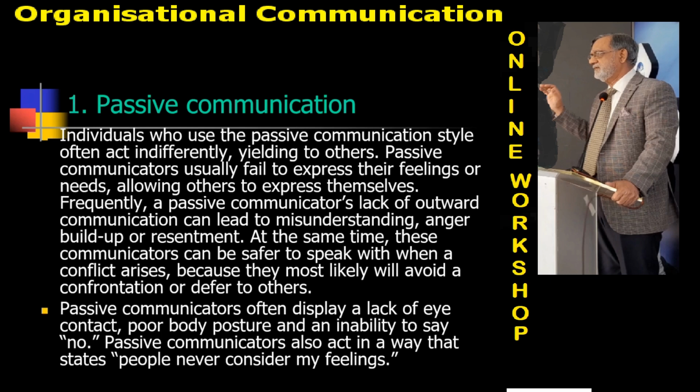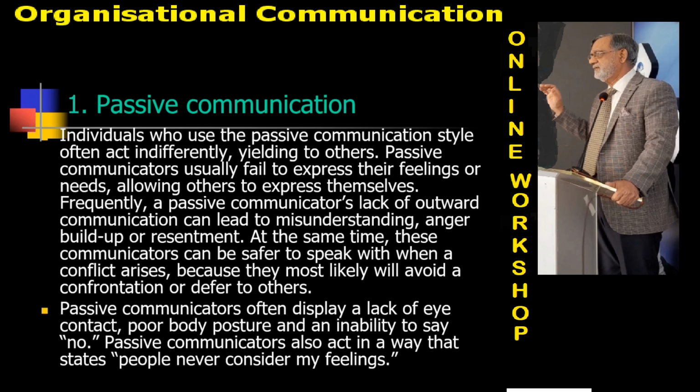This passive communication would create doubts whether somebody is angry, anxious, happy, sad, absent-minded, or what. So passive communicators often display a lack of eye contact, poor body posture, or an inability to say no.